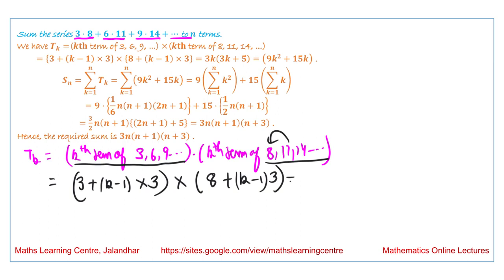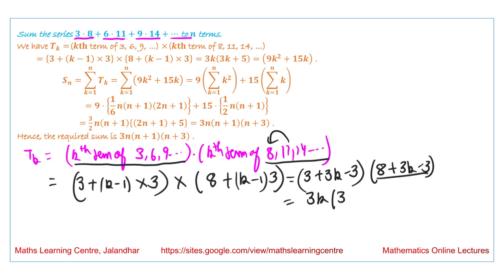So if you solve this, you will obtain 3 plus 3k minus 3 into 8 plus 3k minus 3. So we are getting the answer 3k into 3k plus 5. So we are getting 9k square plus 15k.